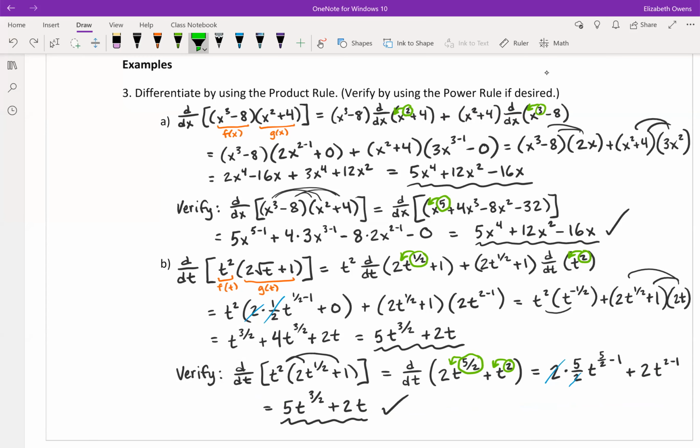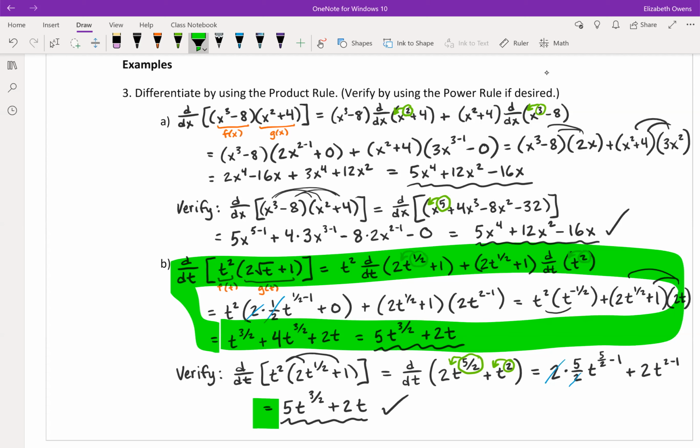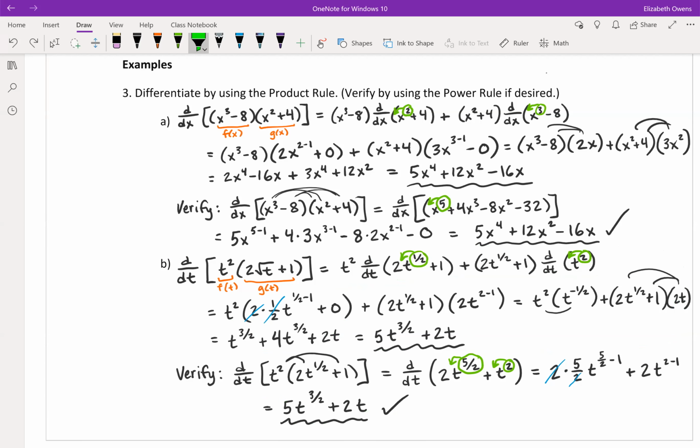Or, if I hadn't spotted those errors that I initially made with the product rule here, then I could use this verification as a double check to say, oh, looks like something must have gone wrong because these should really be the same answer. Then I could go back and look for those errors.